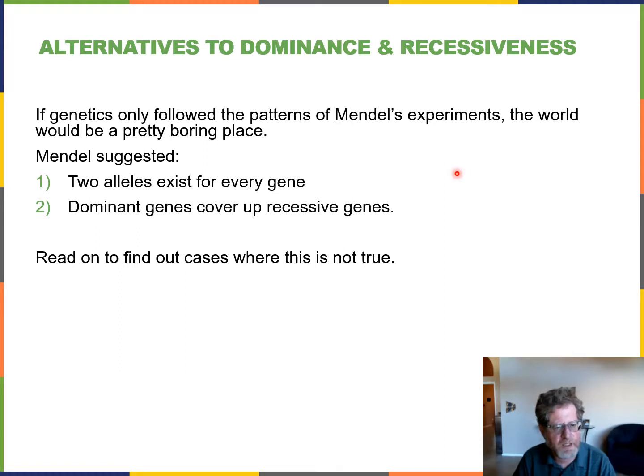Usually, most biology courses start genetics, understanding inheritance, with the study of Mendel. But the world would be a pretty boring place if Mendelian genetics applied to everything. So Mendel suggested that 2 alleles exist for every gene, and that dominant genes cover up recessive genes. This is not always true.